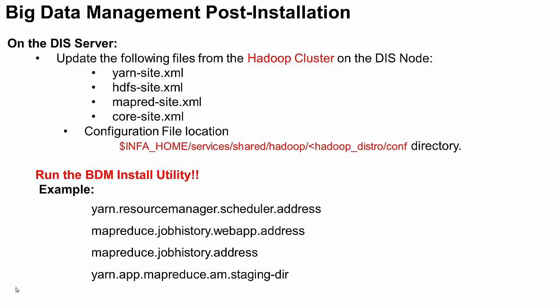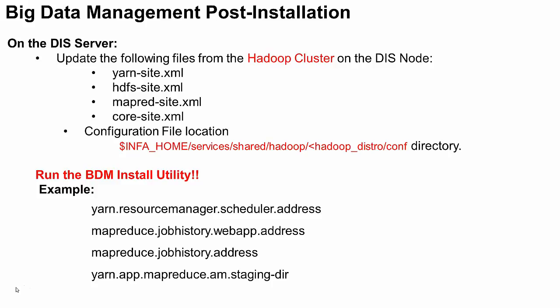So in a way, the Informatica DIS, the Data Integration Service, is a client to the Hadoop cluster. So typically you would look at the following files from the Hadoop cluster. You'll look at yarn-site.xml, HDFS, MapRed, and core-site.